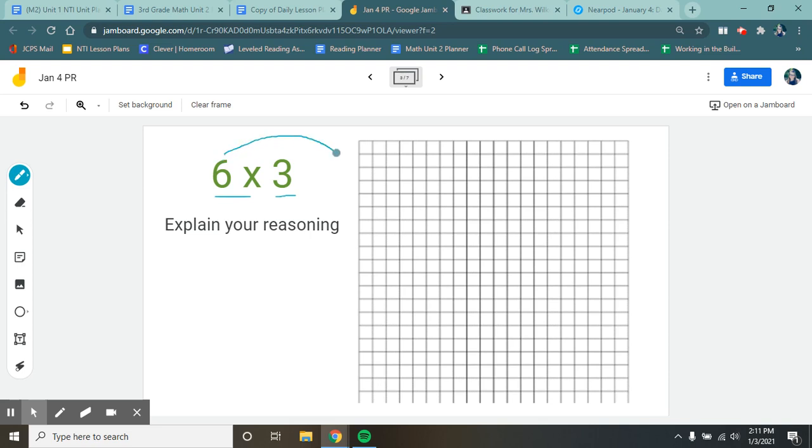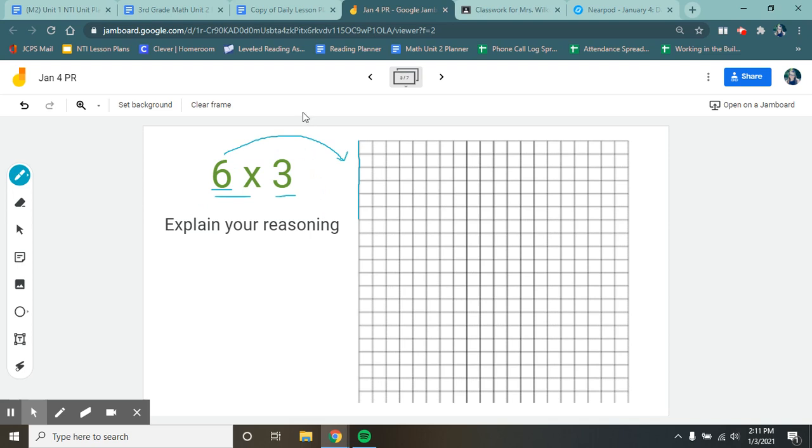Yep. First, we are going to take that 6 and make our columns going up and down the side of the grid. So I'm going to count 6 columns. Ready? Let's count together. 1, 2, 3, 4, 5, 6.